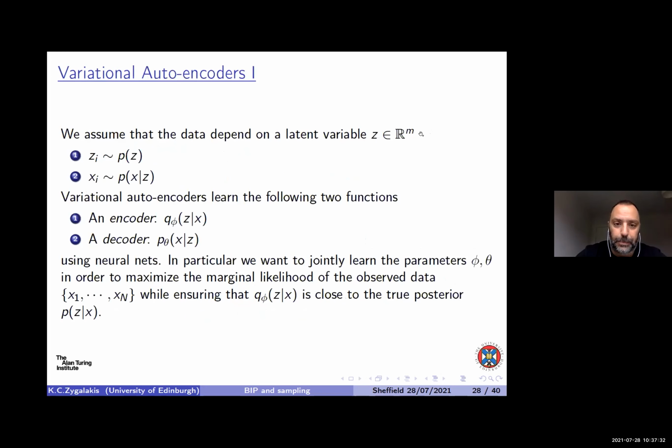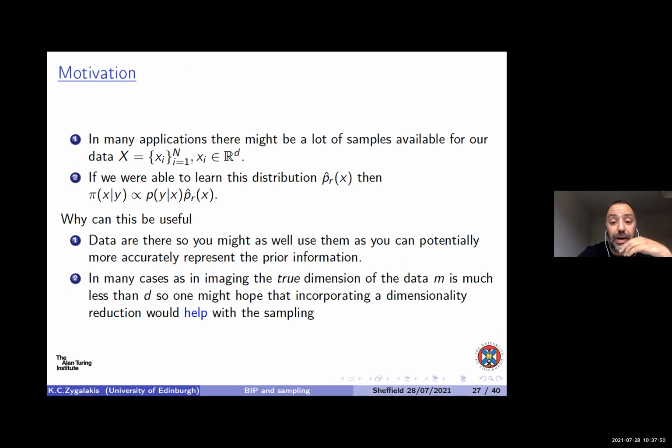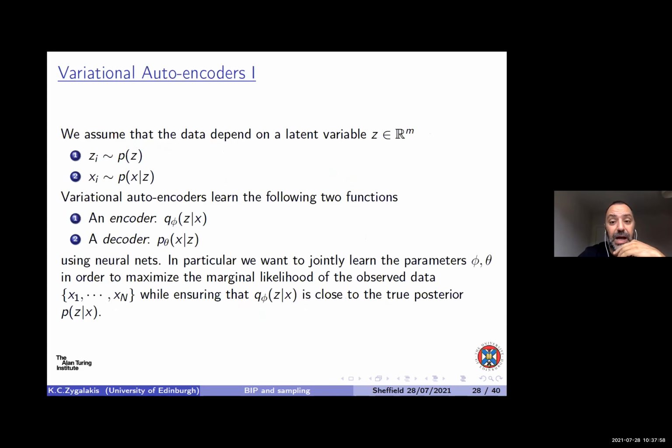So the way we're going to do this is not very complicated, but when you see it for the first time, it seems a bit like black magic, and I'm afraid that I won't be able to describe it in more detail in the time that I have. But as I said, we're going to make the hypothesis that the true dimension of the data lives in a much lower dimensional space than the original space.